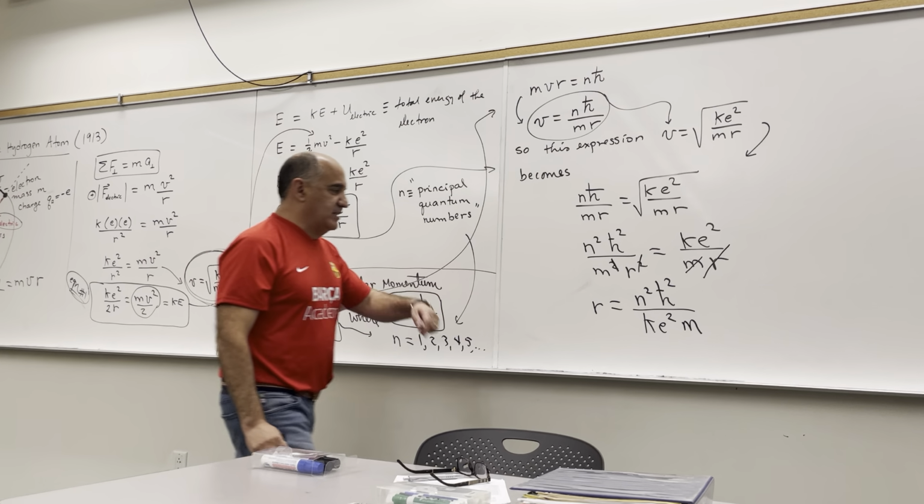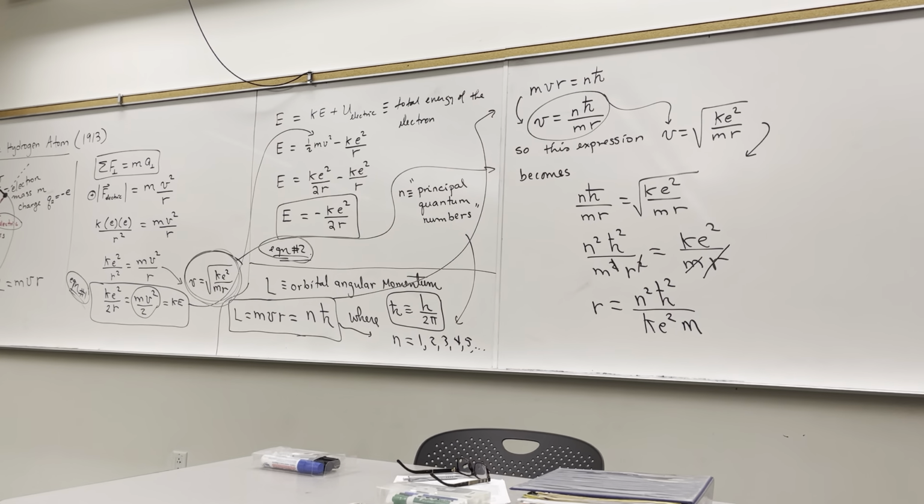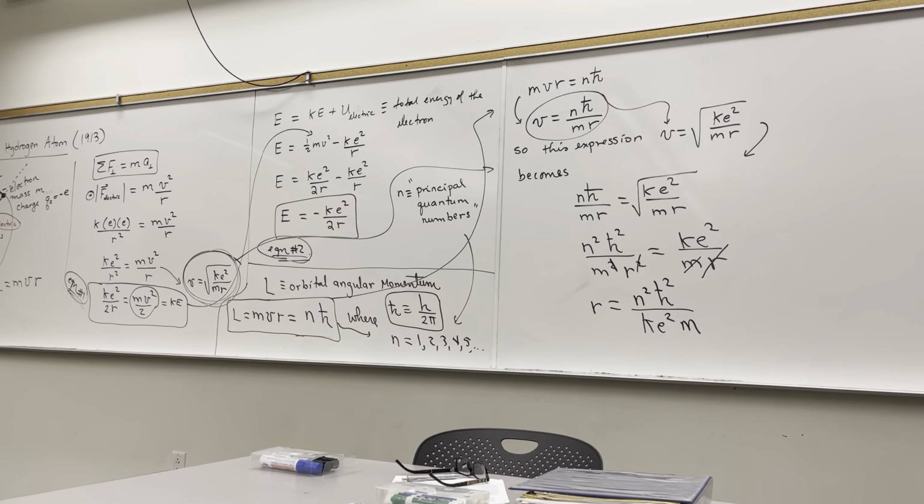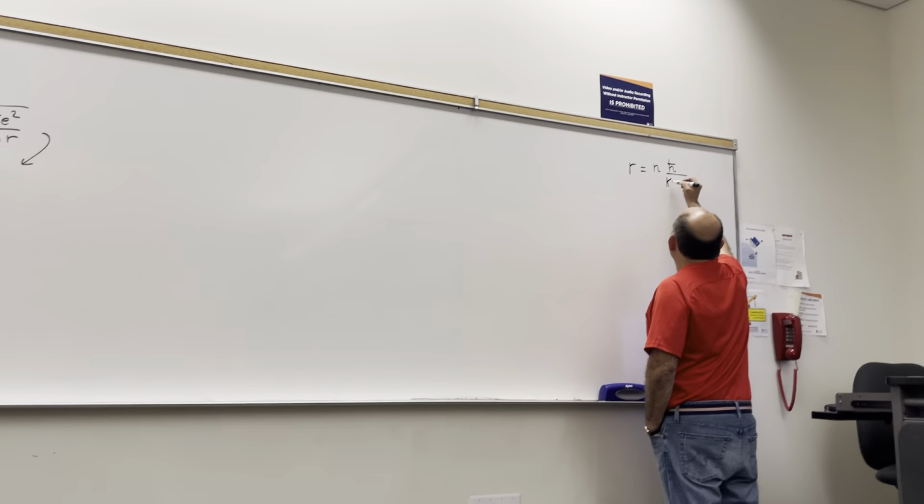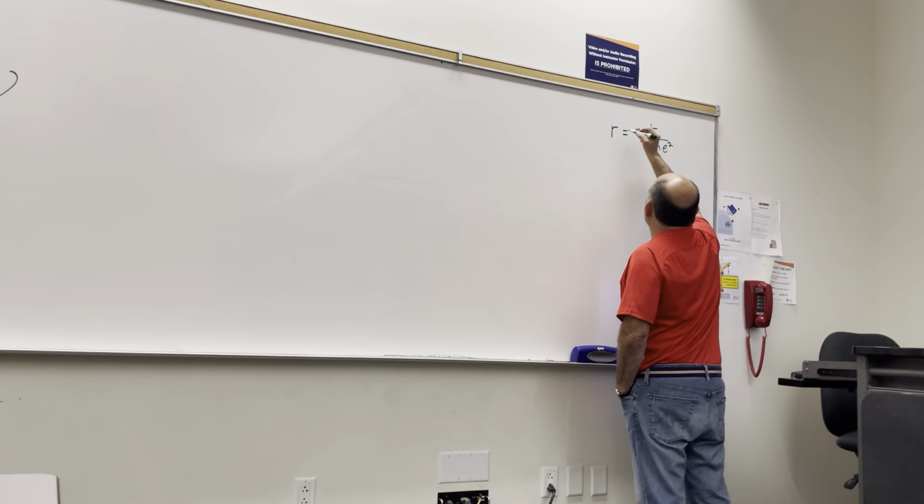So I'm going to write down that expression over here. This is the distance: r is n squared h bar squared over k m e squared, right? So that's one equation.